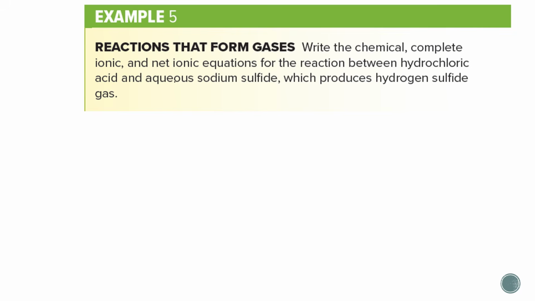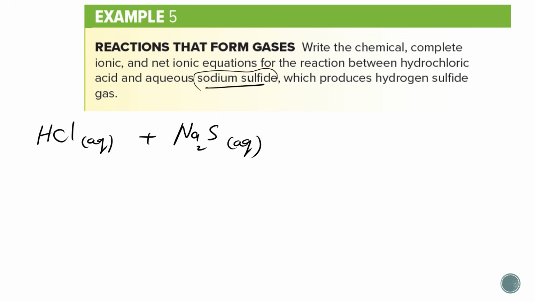Okay, so write the chemical, complete ionic and net ionic equation for a reaction between hydrochloric acid and aqueous sodium sulfide. So HCl AQ plus sodium sulfide Na2S. These are all names from the first semester, how to give names to ionic compounds, and this is the acid, hydrochloric acid, which produces hydrogen sulfide gas.